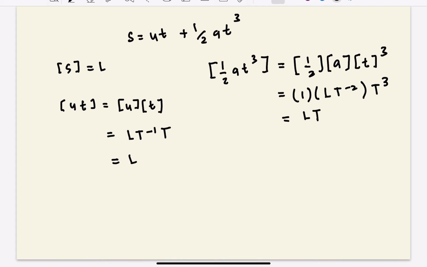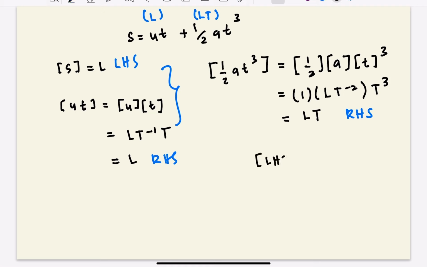By conclusion, left hand side and right hand side are not the same. So this one is L, this one is LT. Tak boleh tambah pun sebab dimension dia tak sama. That's why you can say that your left hand side is not equal to right hand side. Okay, then the equation is not homogeneous.